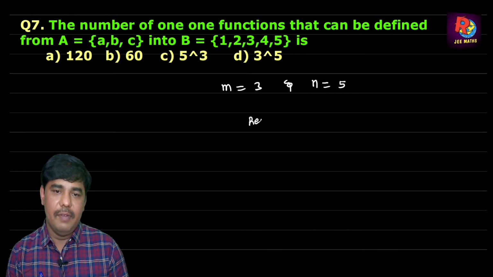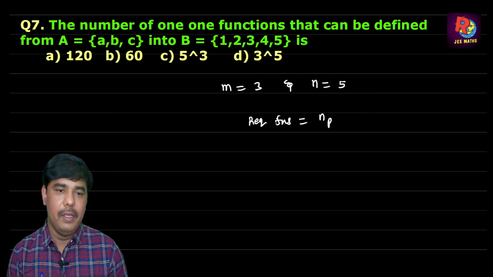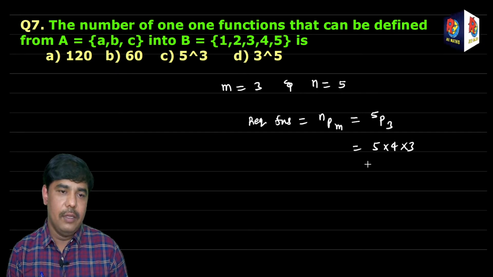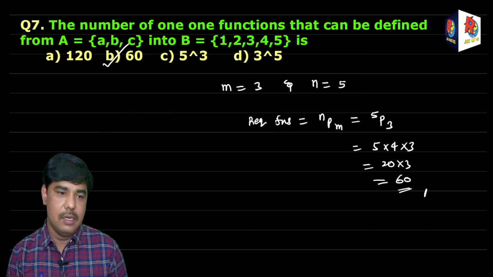So required 1-1 functions equals nPm. nPm means 5P3. So 5P3 means we need to expand 5 into 4 into 3. So 20 into 3, that will be 60. 60 means option B is the correct answer.